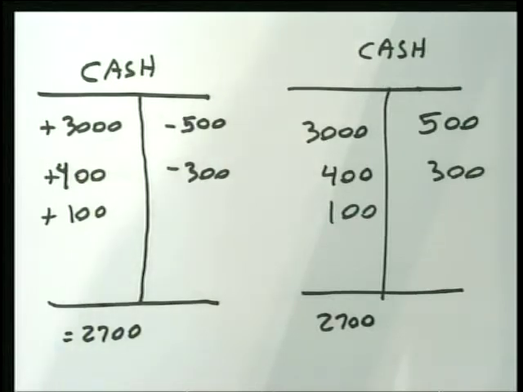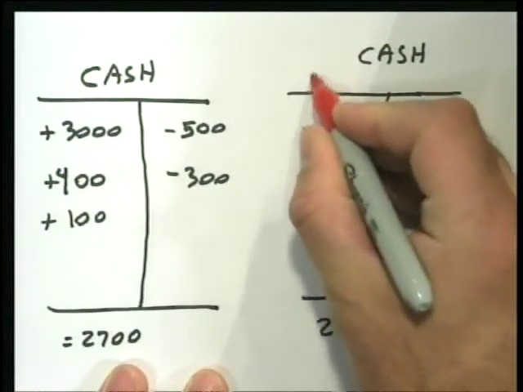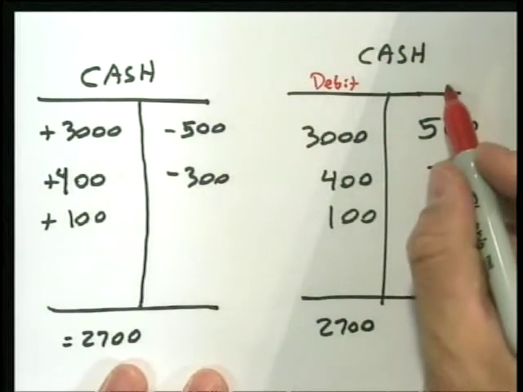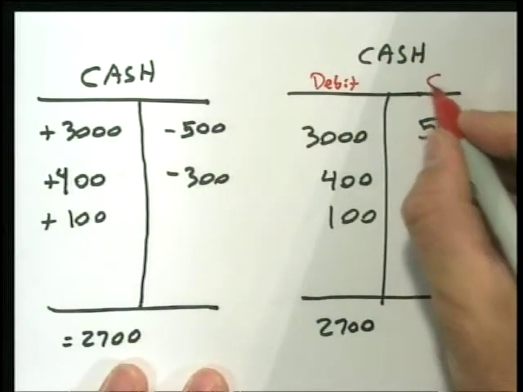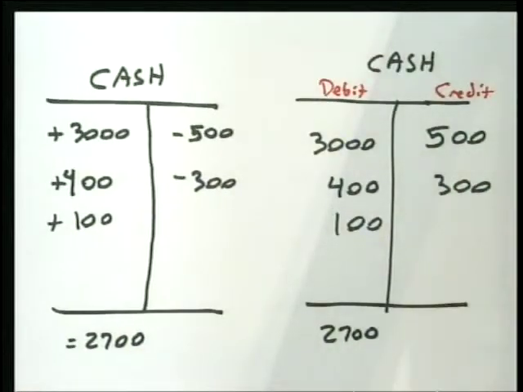Okay? Now, for a T account, the left side of the T account is called the debit side, and the right side of a T account is called the credit side. Are you with me?